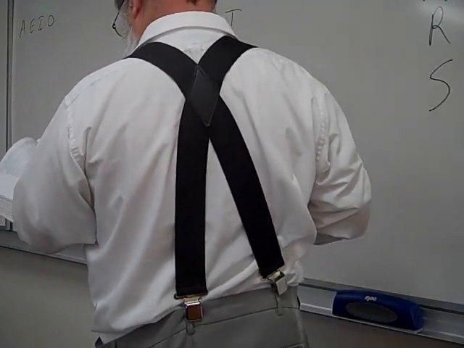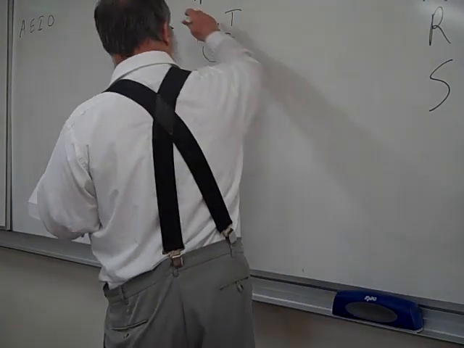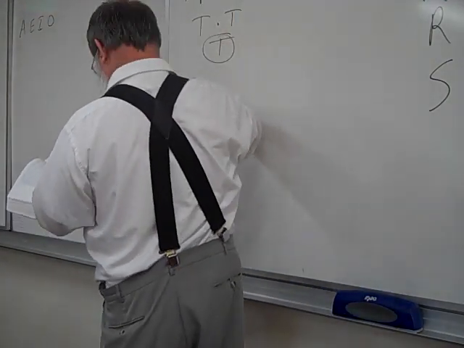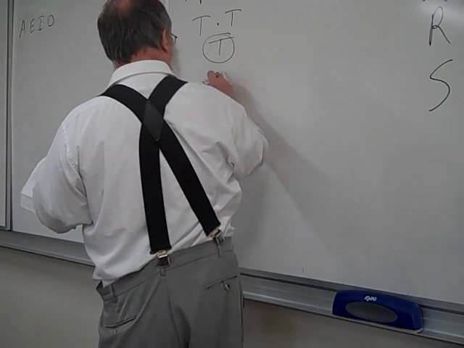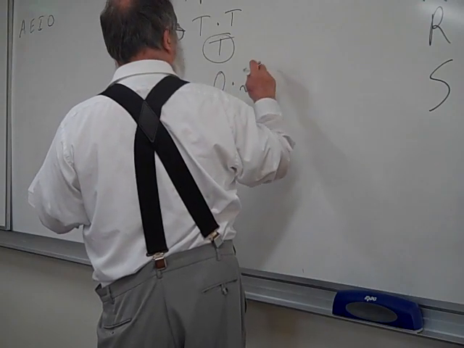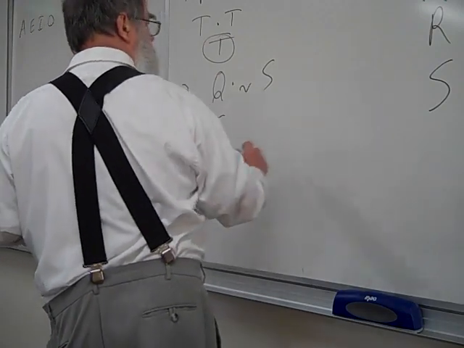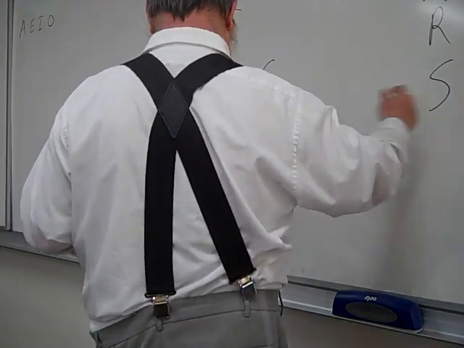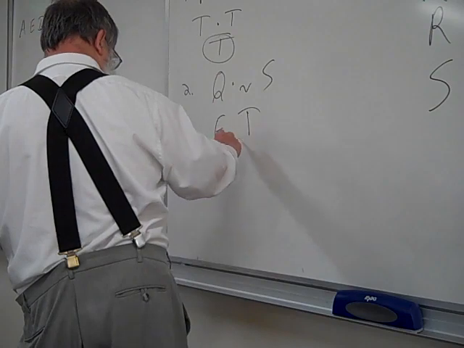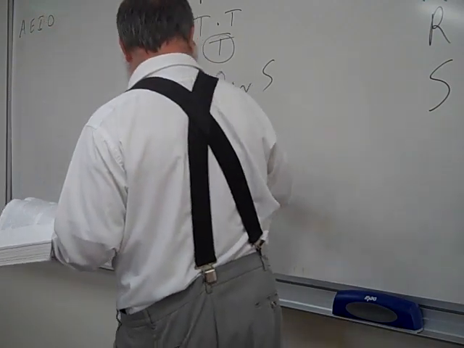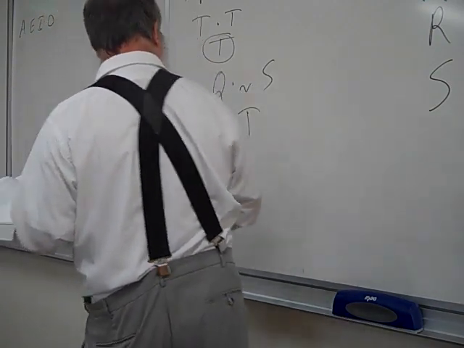See how that works? The next one he gives us is Q and not S. Q is false, and S is false, but not S would make it true, but it's false and true, but that would be false.